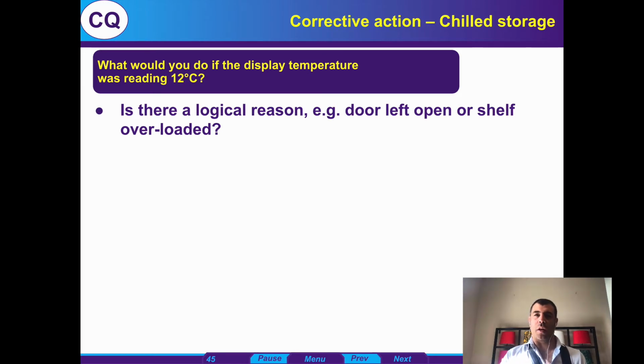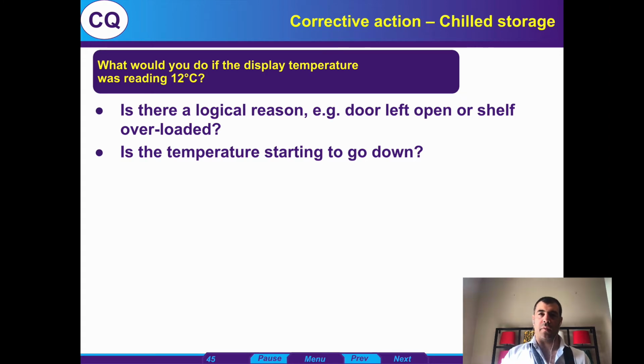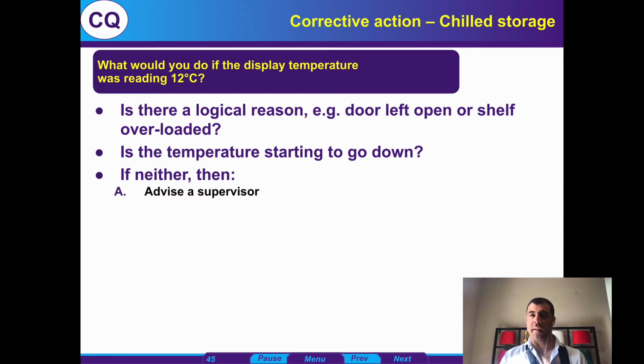Is there a logical reason? For instance, has the door been left open or is the shelf overloaded? Is this in a defrosting mode? That's for you to assess. Is the temperature starting to go down? So you check if the fridge is actually functioning. If neither, then you will advise the supervisor who will then make a decision.